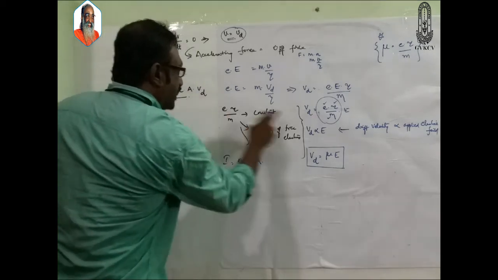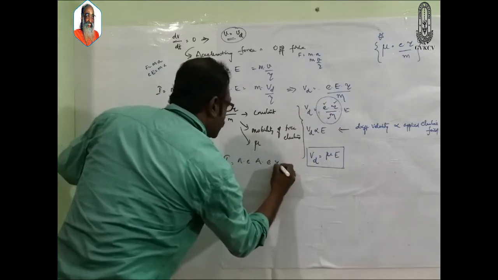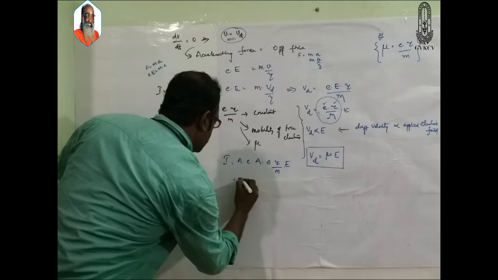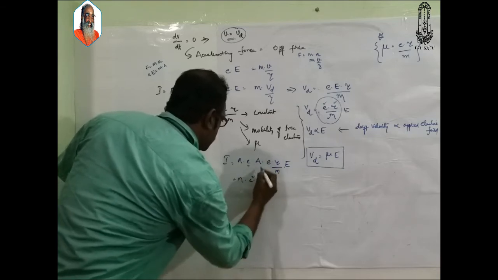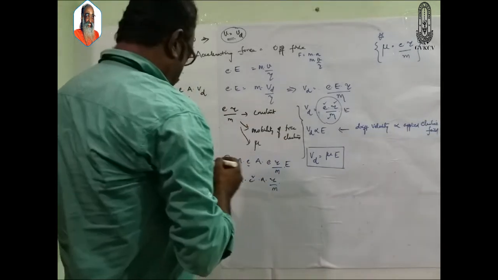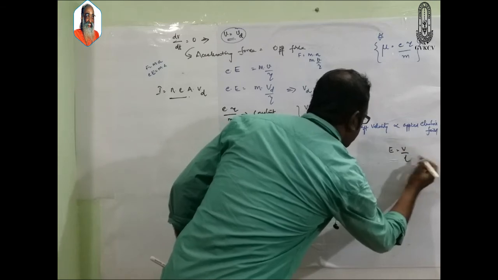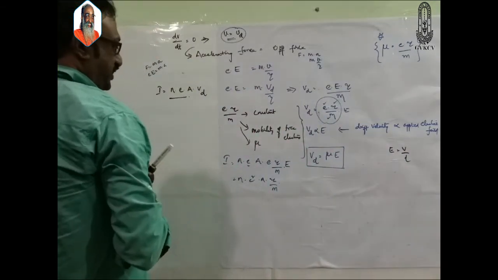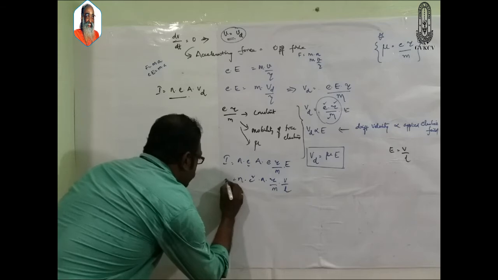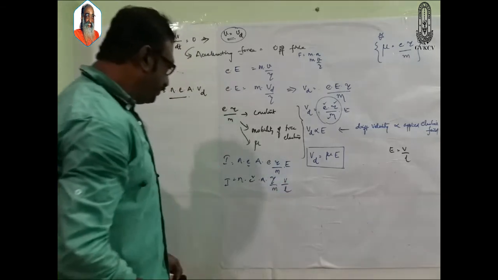Instead of Vd here, I am going to substitute e tau by m into E. So I is equal to n e squared A tau by m into E. Already earlier in the beginning I told you E is given by V by L, because potential V is applied across a conductor of length L, so it is replaced with V by L. So now I got the expression as I is equal to n e squared A tau by m into V by L.